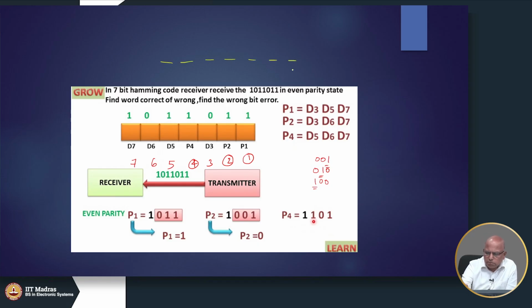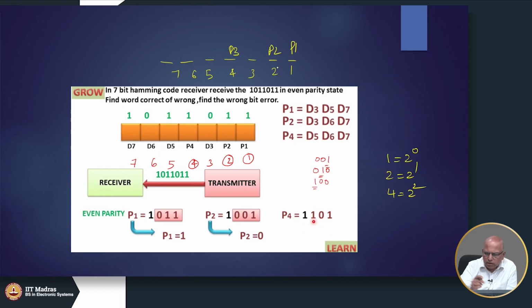So let us label them 1 through 7. 1, 2 and 4 are special: 1 is 2 to the power 0, 2 is 2 to the power 1, 4 is 2 to the power 2. We call these parity 1, parity 2, parity 3. The remaining ones will be data.